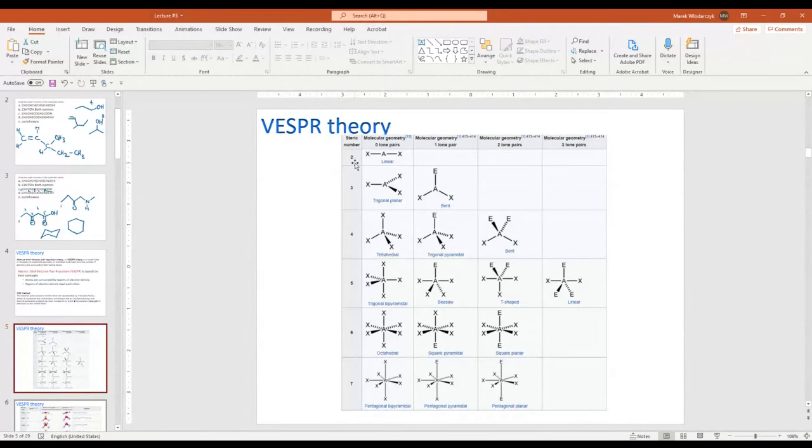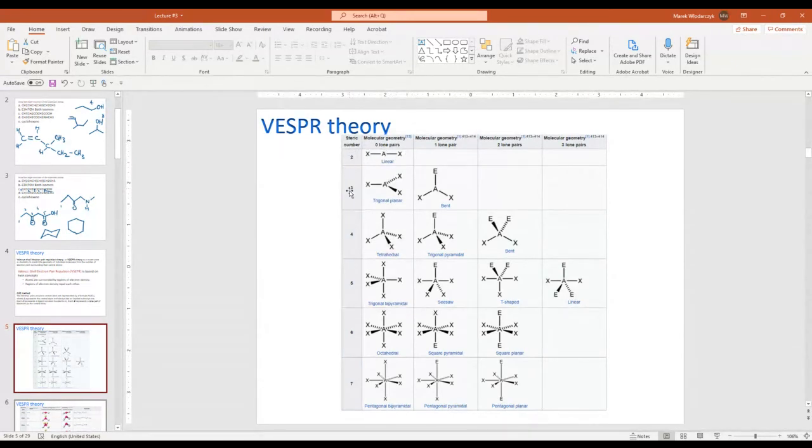If you have a molecule, for example, that has the central atom with only two ligands connected to it and no lone pair of electrons, it's going to have a linear structure, because those ligands want to be as far from one another as possible.